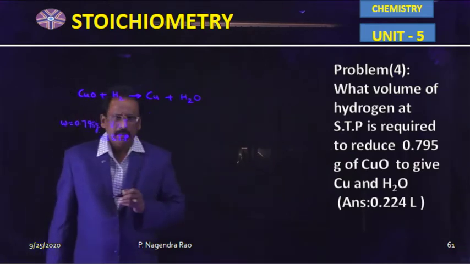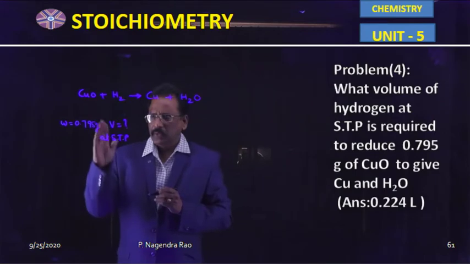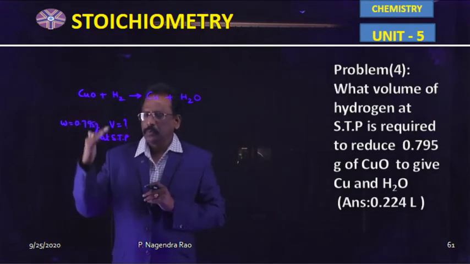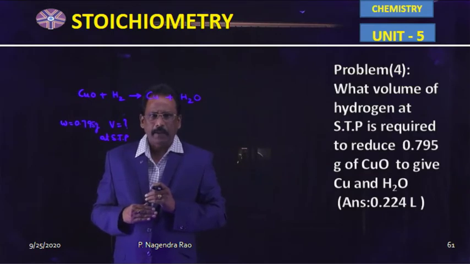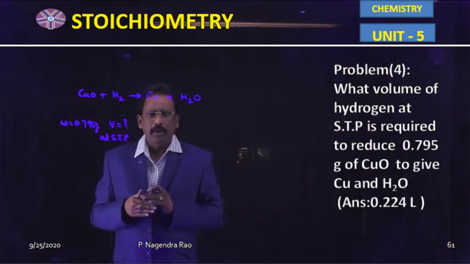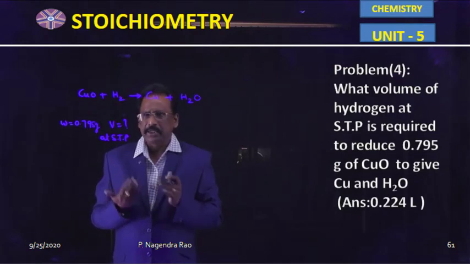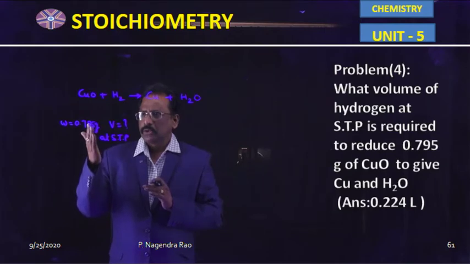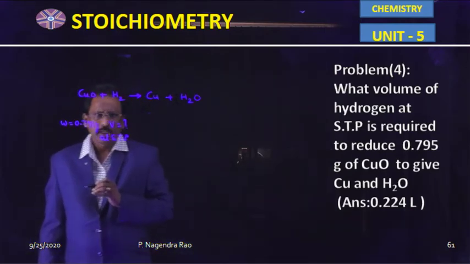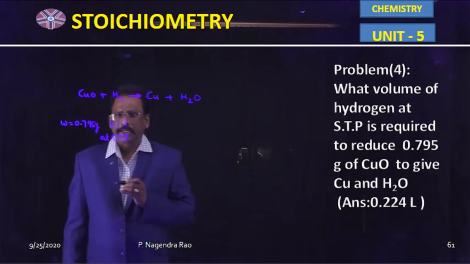So this is one of the examples of weight volume calculation. The weight of the cupric oxide is given in this problem. Now calculate how much volume of hydrogen gas at STP is required to reduce 0.795 grams of cupric oxide.